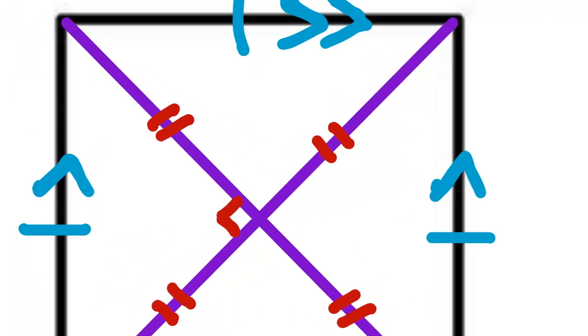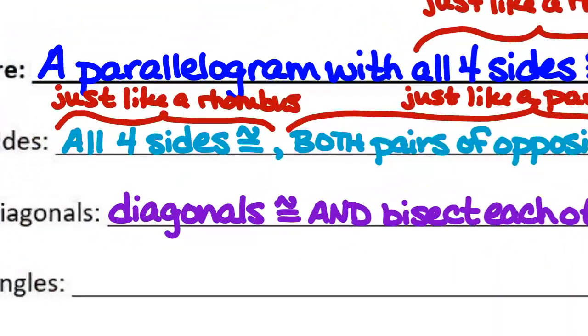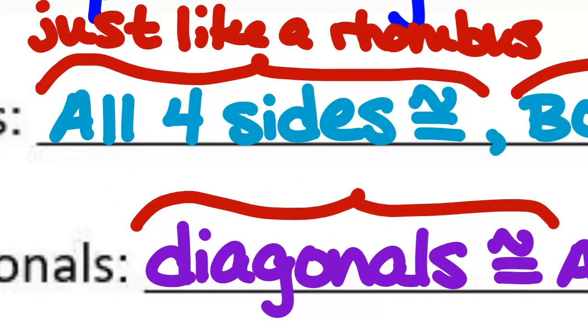And where they meet, it is forming right angles. So diagonals congruent, just like a rectangle.